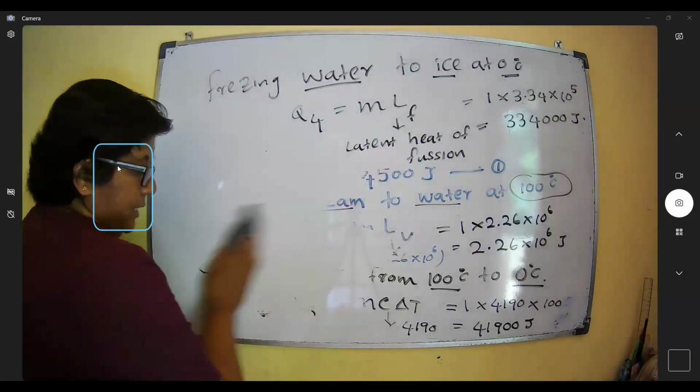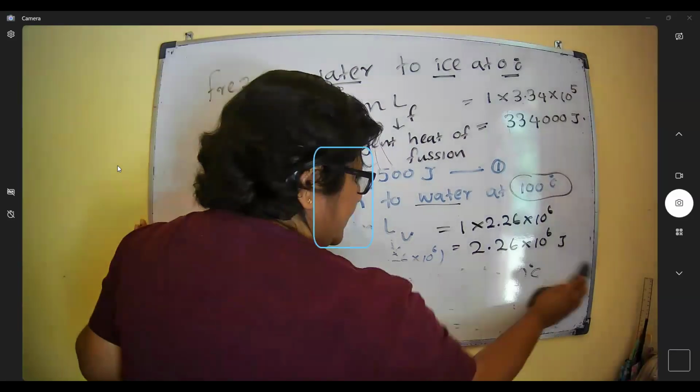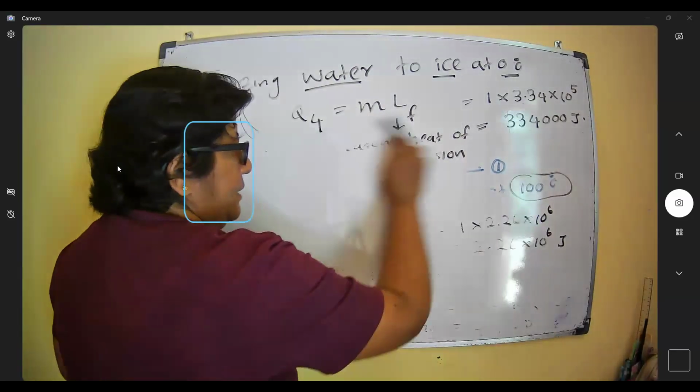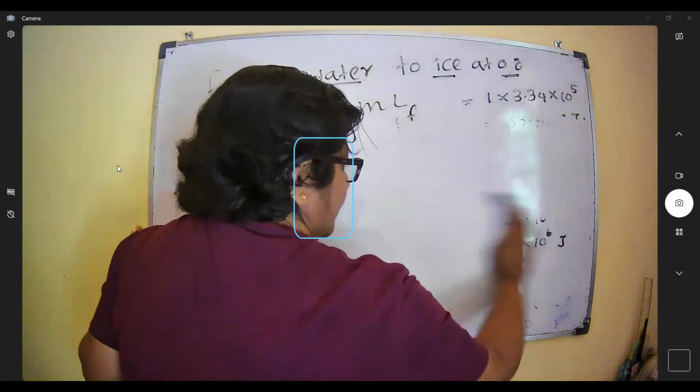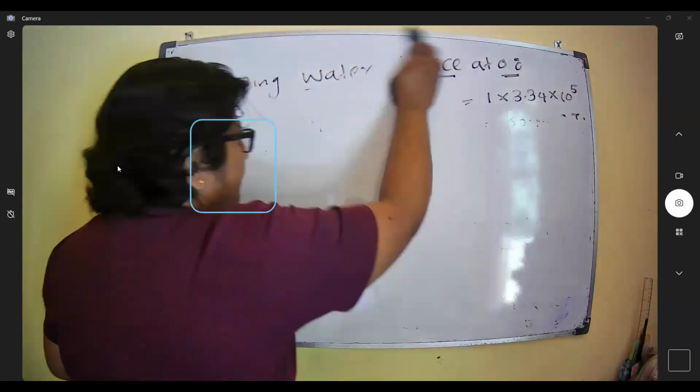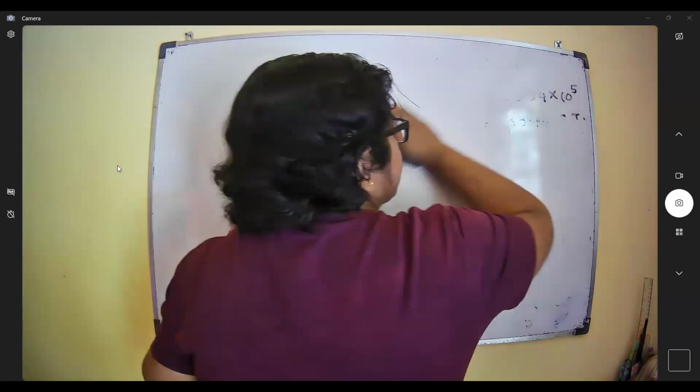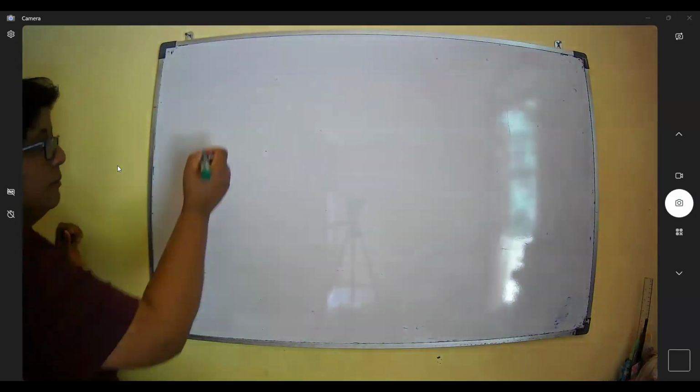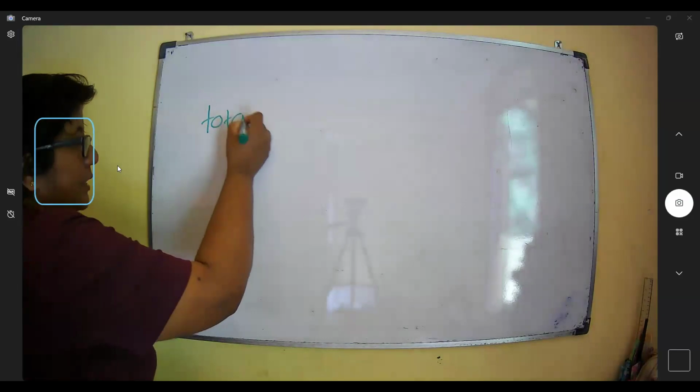Then for the total energy, energy is removed because steam is converted to ice. Then energy is removed, right? Then the total heat can be found by adding all the energies.